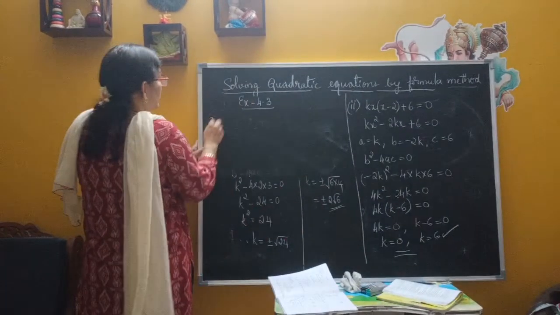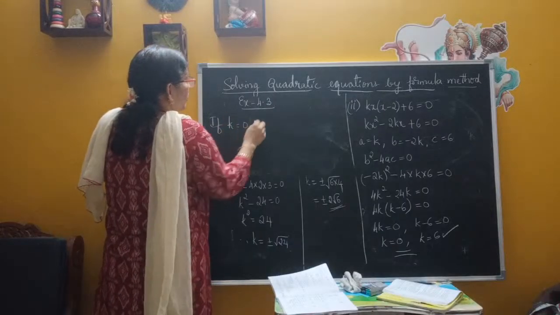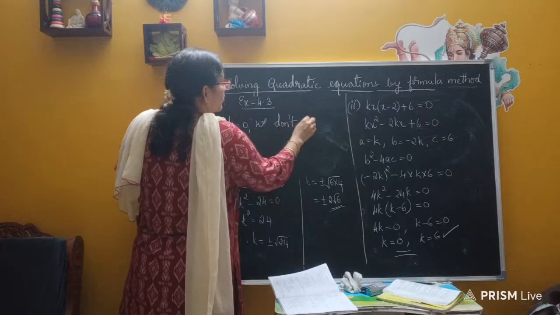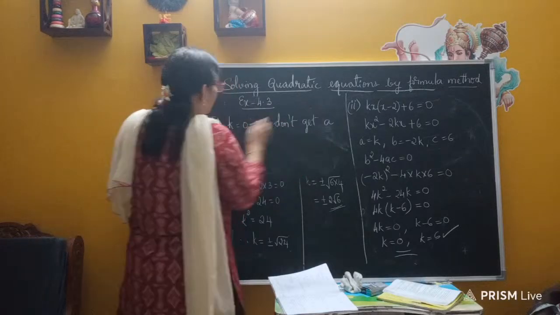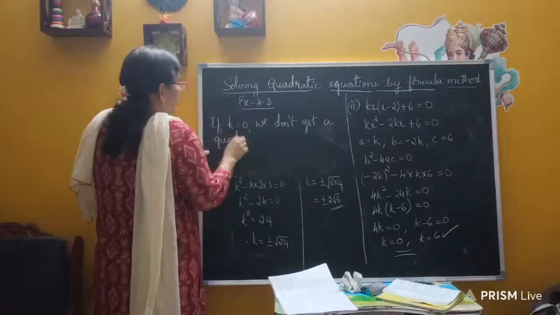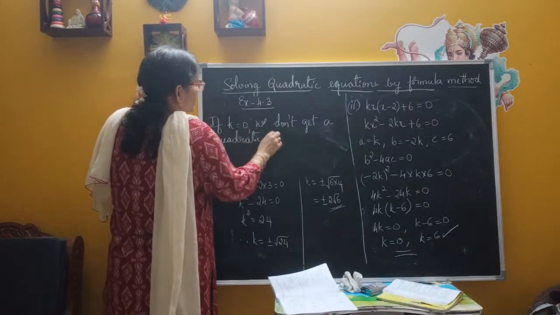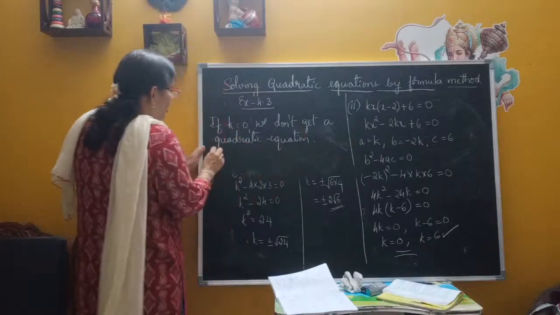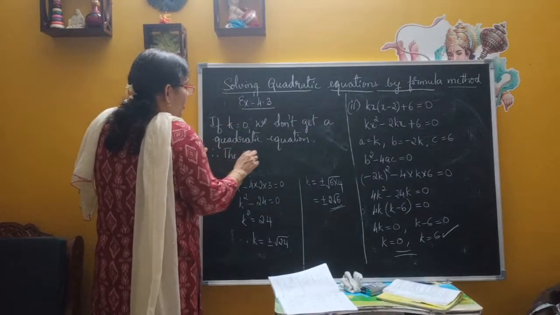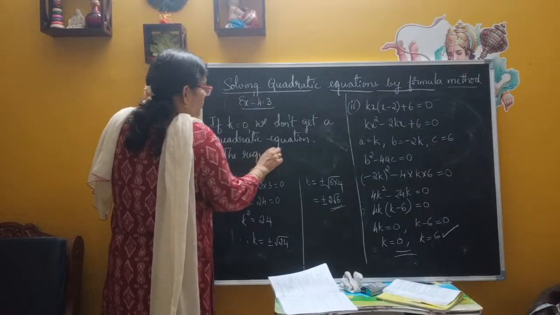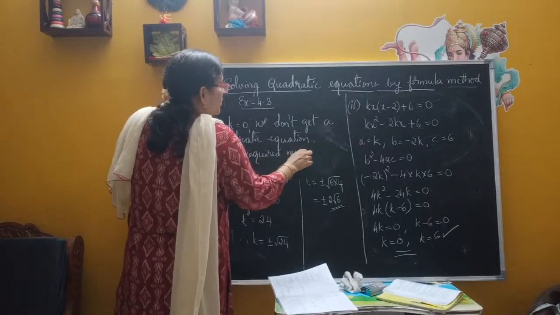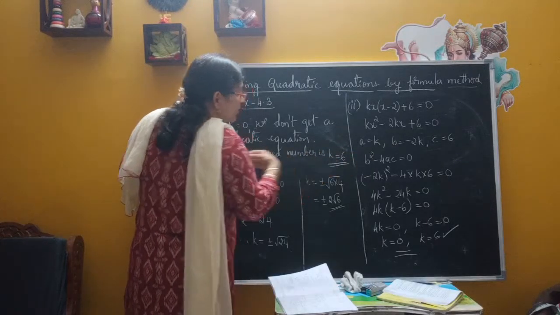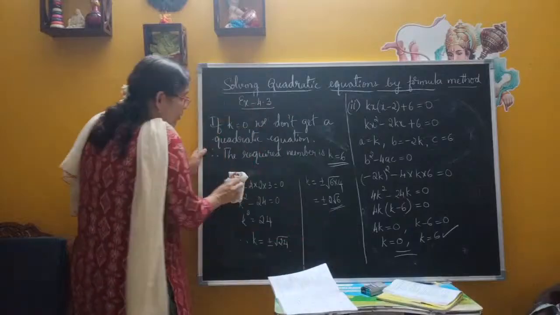If k is equal to 0, we do not get a quadratic equation. Therefore, the required number is k is equal to 6.